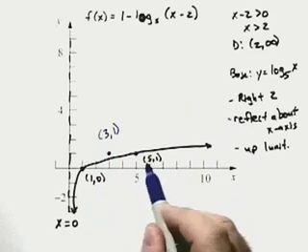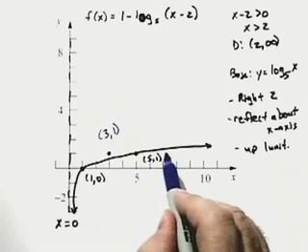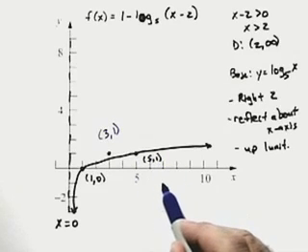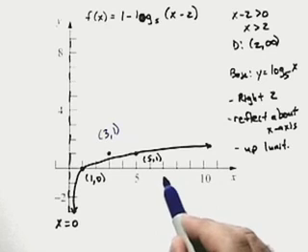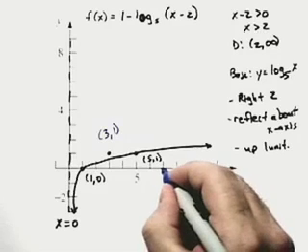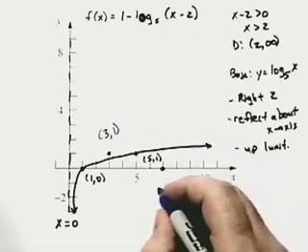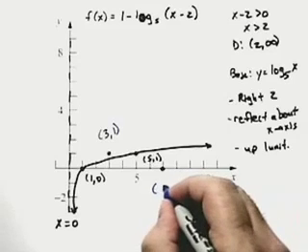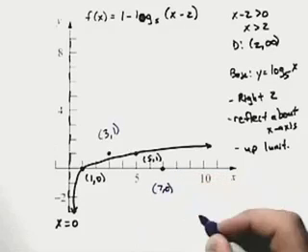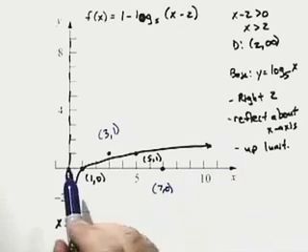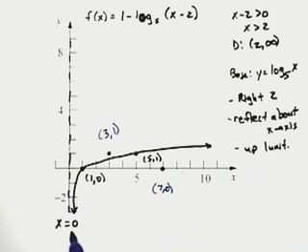The point 5, 1, we go right 2 units. We're at 7, 1. Reflect about the x-axis, puts us down at 7, -1. And then we go up 1 unit. So we have the point 7, 0. We had a vertical asymptote of x equal to 0.